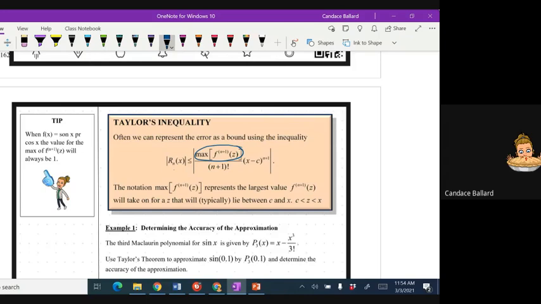And then the n plus 1 factorial. So it's the same formula, really. The notation max of f to the n plus 1 of z represents the largest value, and remember, this is representing a derivative, so it's like third derivative, fourth derivative, fifth derivative evaluated at z, will take on for a z that will typically lie between c and x.